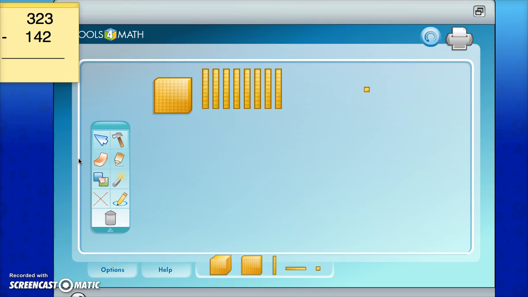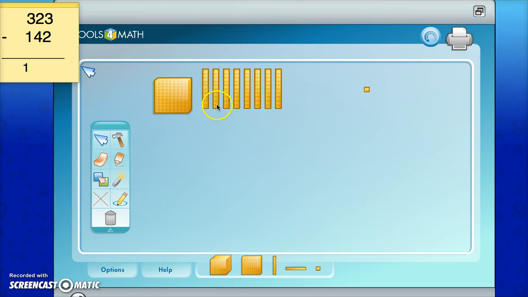So I'm going to start with the hundreds. On my mat, I see that I have 100, which means the value here is going to be 1. Now I'm going to move to my tens.